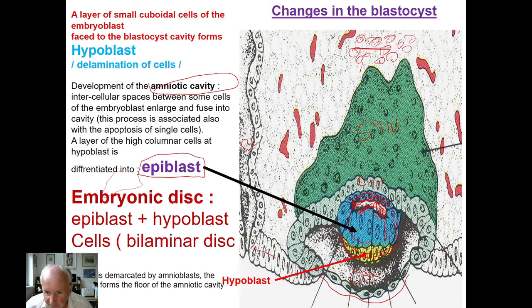This is the bottom of the amniotic cavity, epiblast, and the ceiling of the amniotic cavity is from amnioblasts. So the amniotic cavity is surrounded by amnioblasts and epiblast cells. This is around the 8th, 9th day after fertilization.